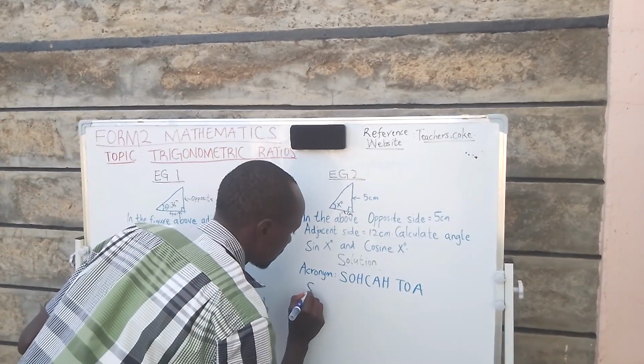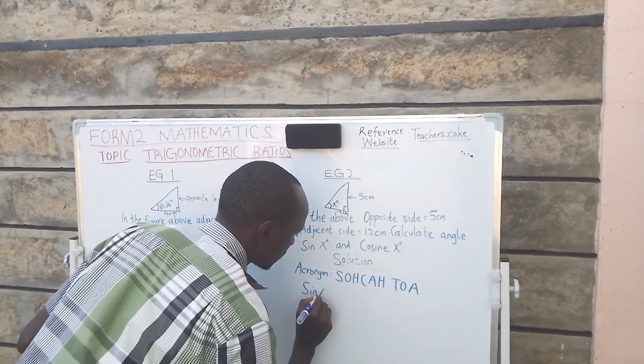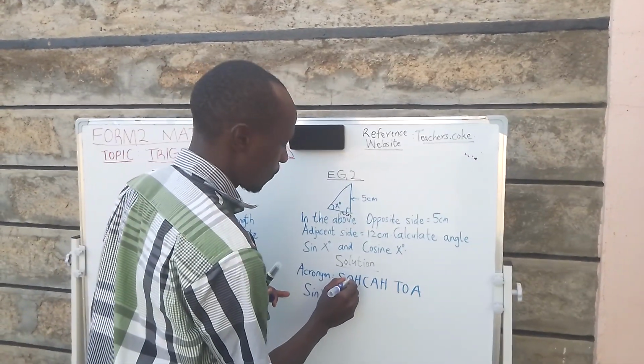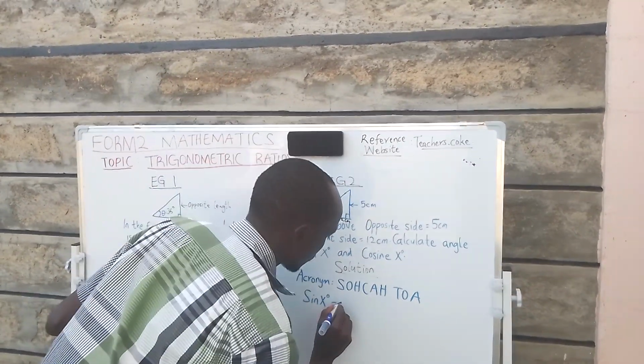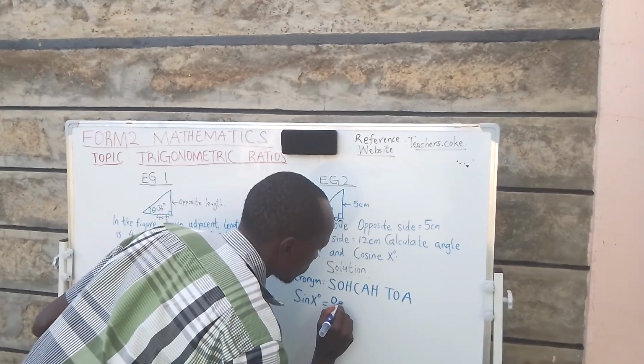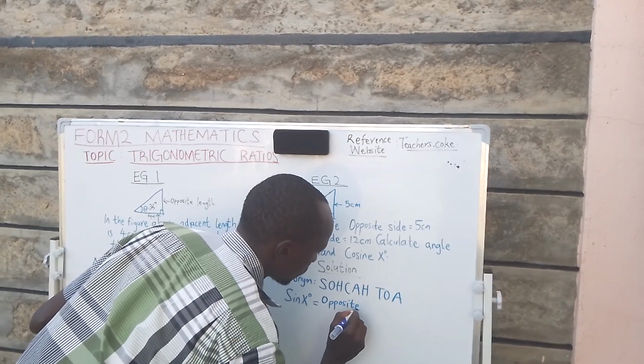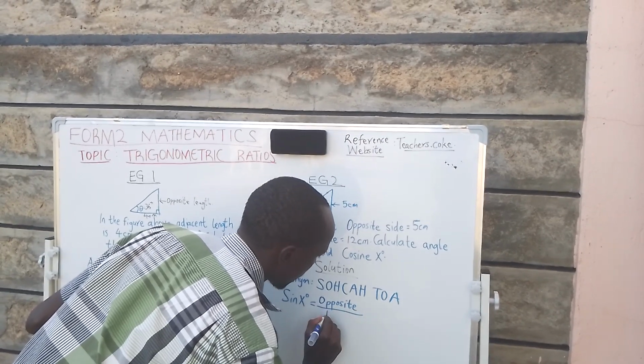First we get the sine of x degrees, which is given by the opposite side over the hypotenuse side.